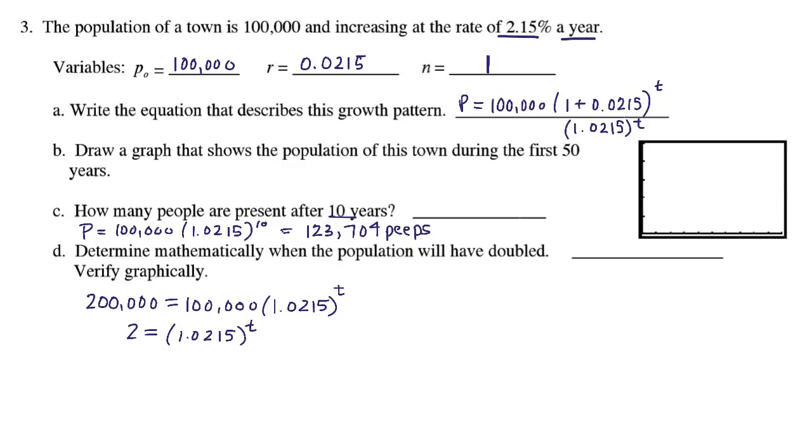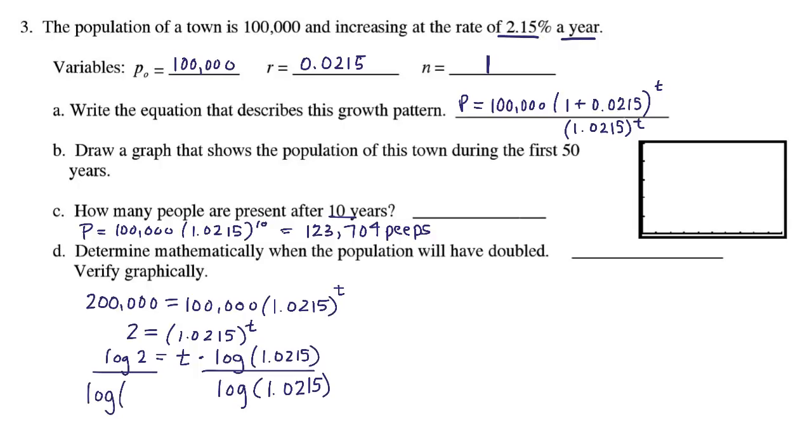You will need to take the log of both sides. So log 2 equals t times log of 1.0215. And then divide both sides by this log value so we can solve for our time frame. And yeah, type that in your calculators and let's see what we're going to get.